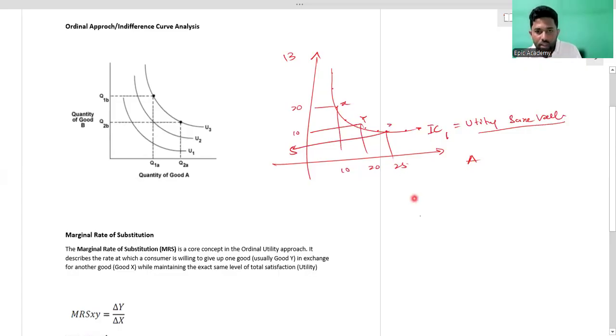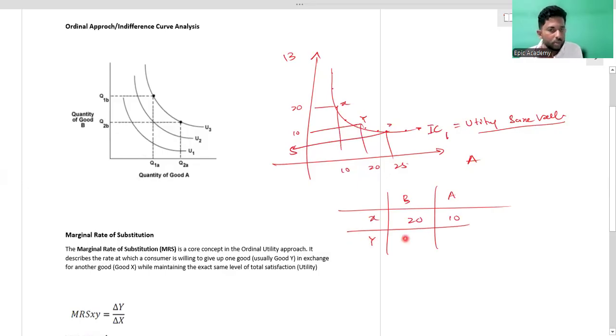So you can see the combination of commodities B and A differs from one point to another. At point X, you consume 20 of commodity B and only 10 of commodity A. At point Y, you consume 10 of commodity B and 20 of commodity A. At point Z, you consume 5 of commodity B and 25 of commodity A. Yes, combinations.